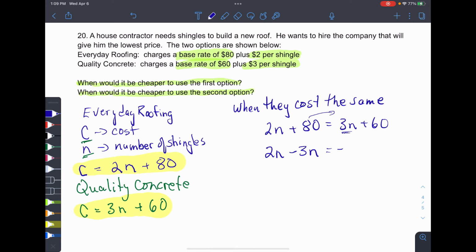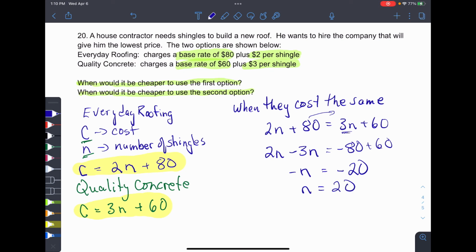It becomes minus 80 plus 60. And now we can group like terms. On the left, we have 2n minus 3n. We add their coefficients, and that gives us minus n. And on the right side, we get negative 20. And finally, we multiply both sides by minus 1, and we get n equals 20.